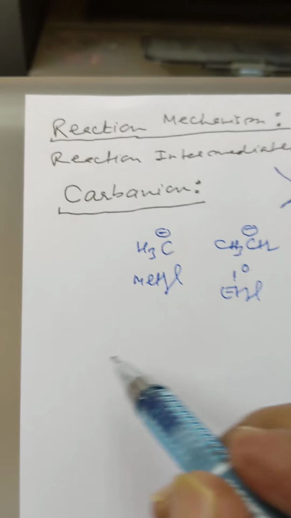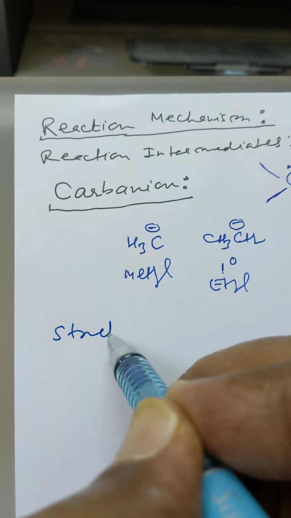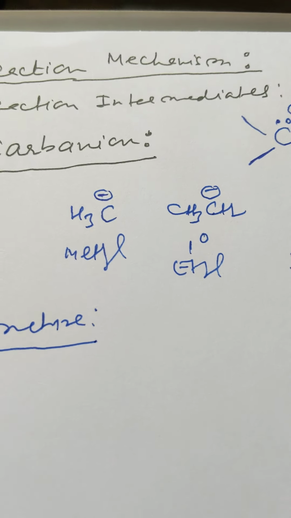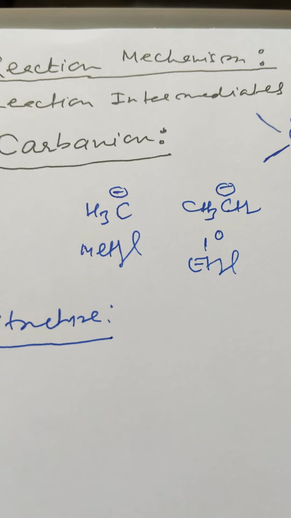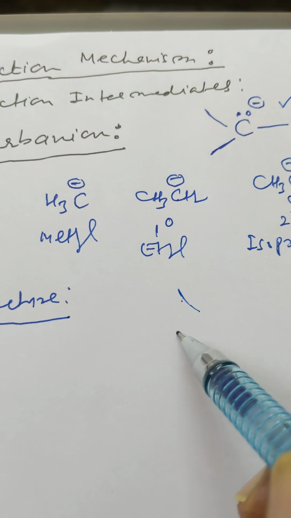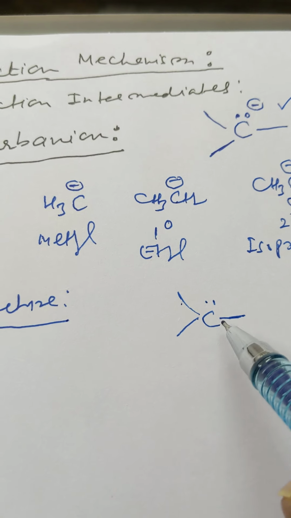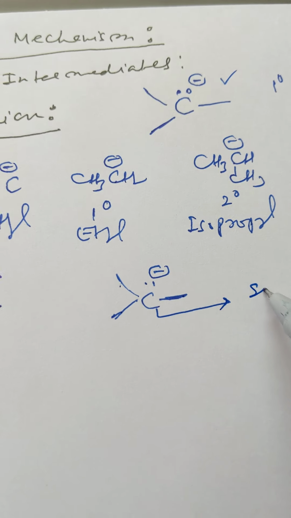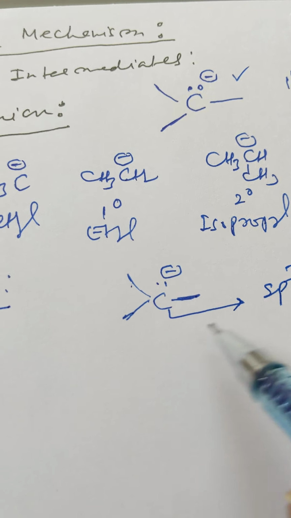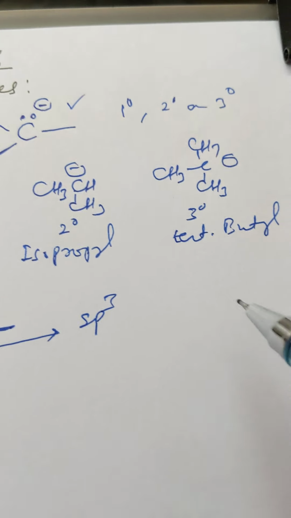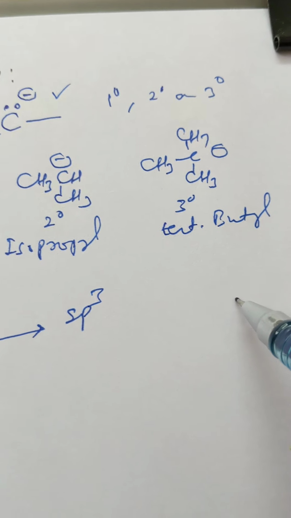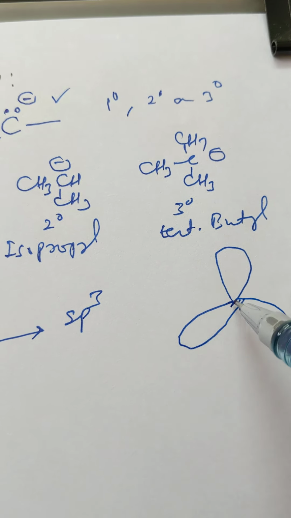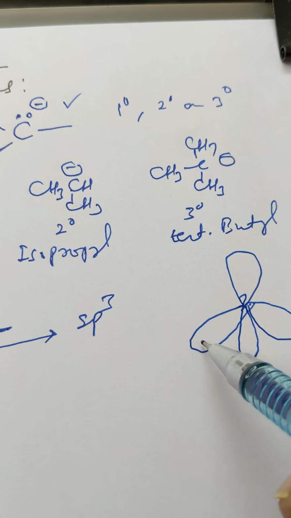Okay, after that let us see what about the structure of carbanion. नेक्स्ट हम देखते हैं कि कार्बेनाइन का स्ट्रक्चर जो है वो कैसा होता है। अब इसके अंदर आप ध्यान से देखिए कि जो ये कार्बन, ये कार्बेनाइनिक कार्बन, नेगेटिवली चार्ज कार्बन, this carbon is sp3 hybridized. sp3 hybridized means it will be having 4 orbitals, and all these 4 orbitals have 1 electron.